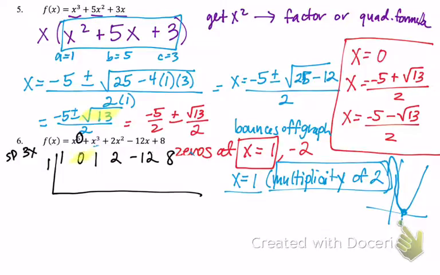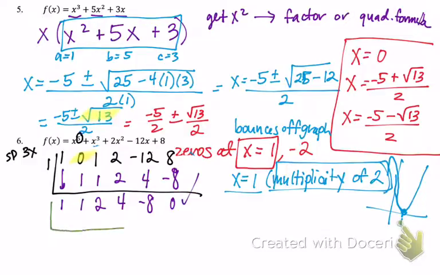I put a 0 here because there is no x to the 4th. If you forget the 0, then it's all messed up. 1 times 1 is 1, 1, 1, 2, 2, 4, 4, -8, -8, 0. Going to do synthetic division again.